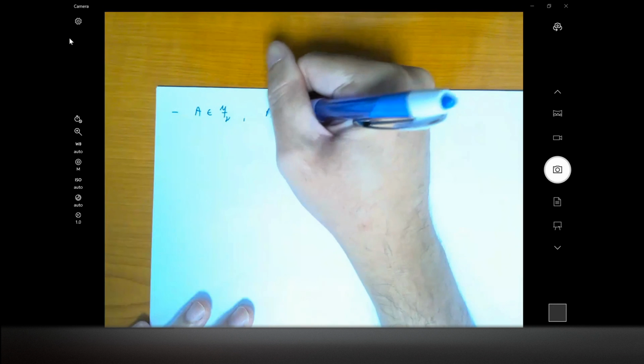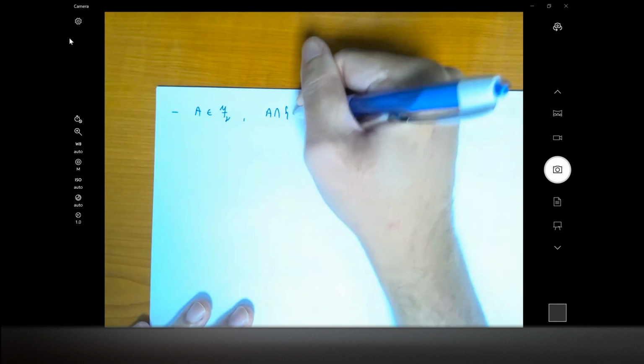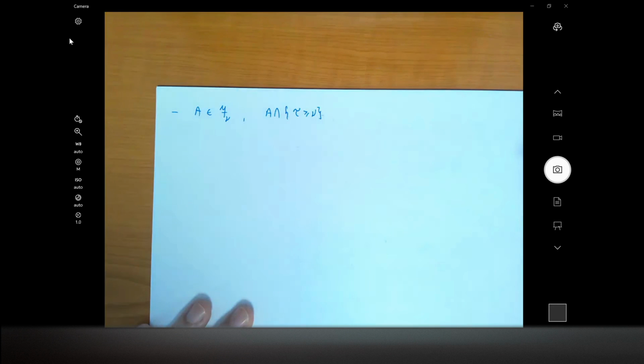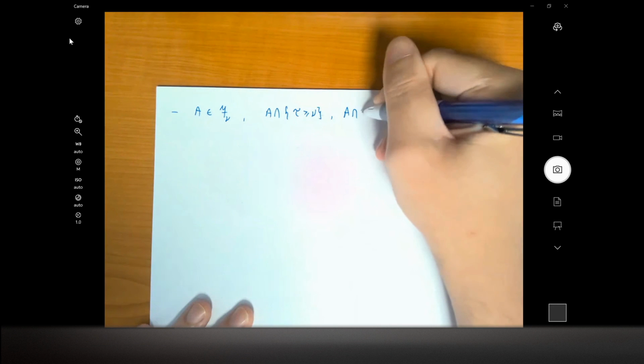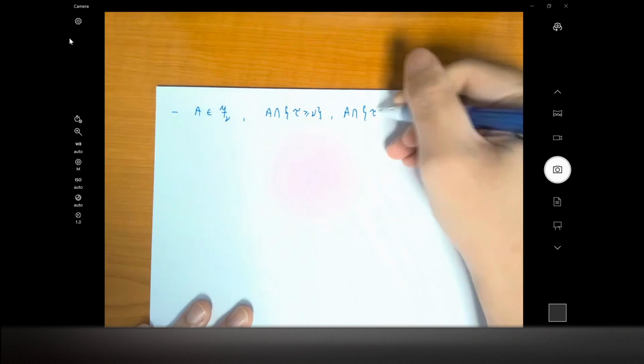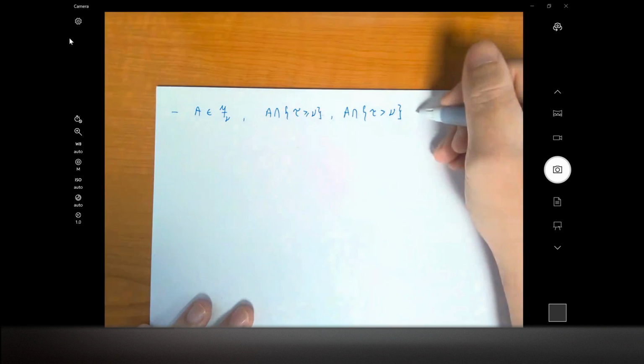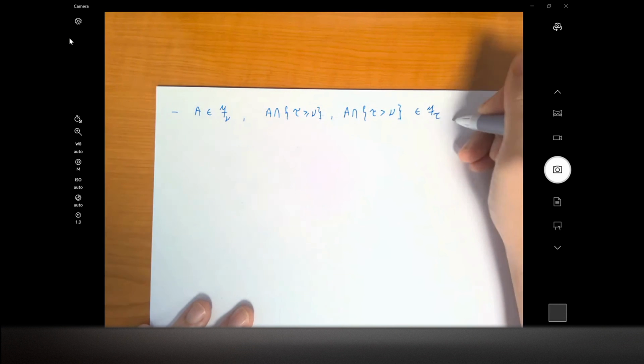Okay, so now if I give you an event A inside F nu, then this event intersect with tau bigger than nu, as well as this event intersect with, say, tau strictly bigger than nu, both of them will be inside F tau.